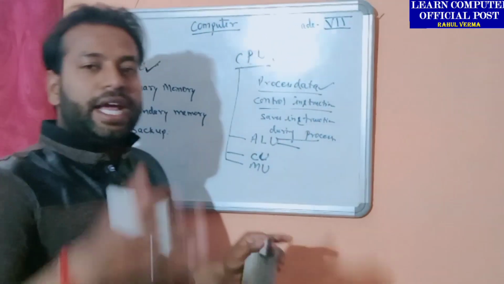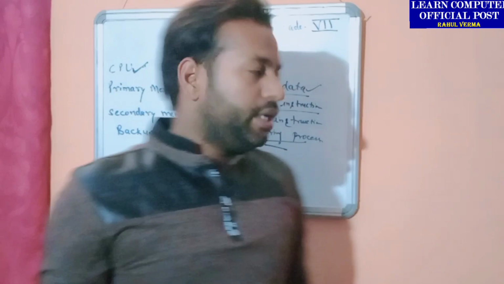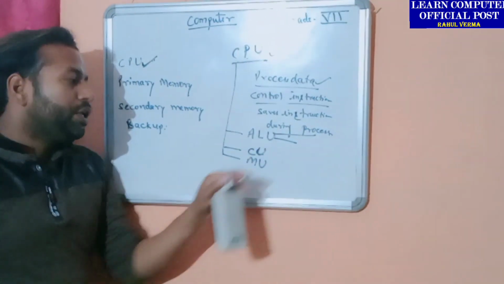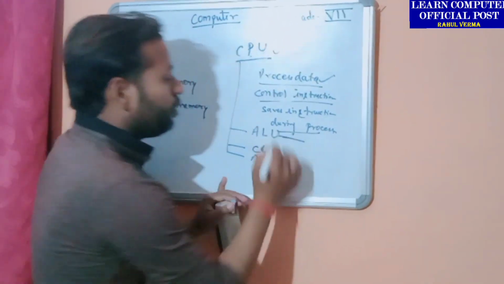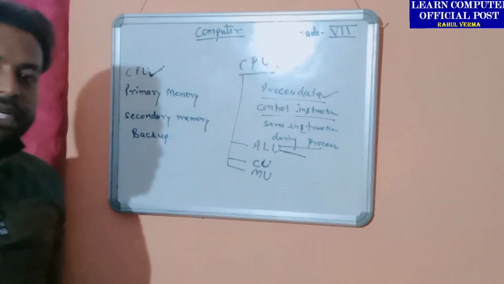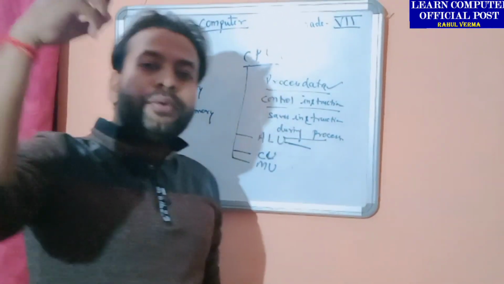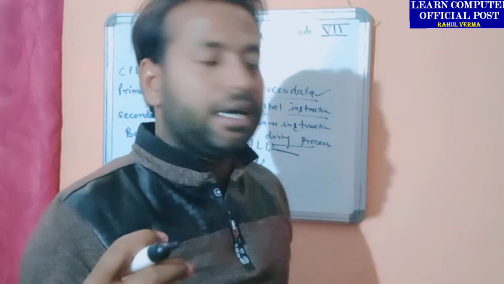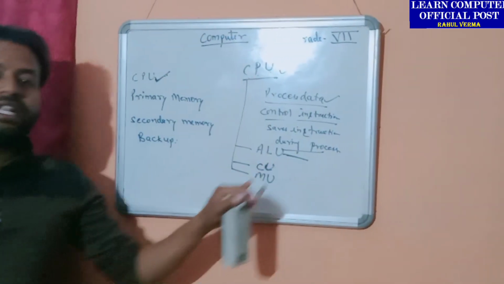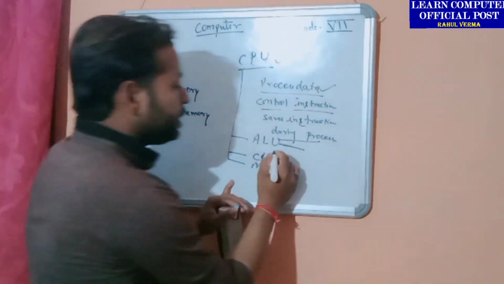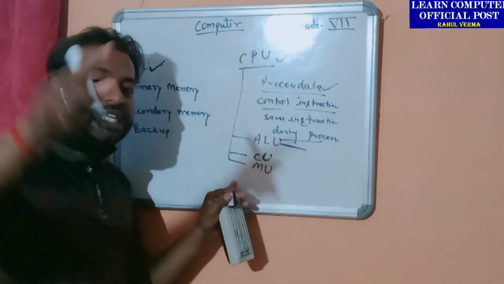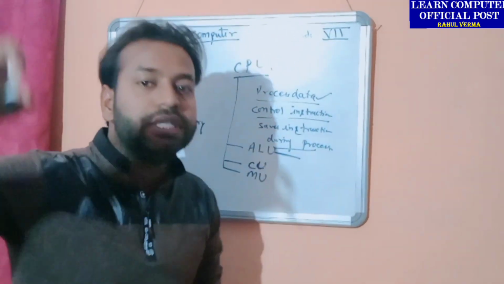ALU stands for Arithmetical Logical Unit. What is the function of ALU in the CPU? Actually, the function of ALU is to process the arithmetical data. Arithmetical data or arithmetical equations will be processed by the ALU. That is why its name is Arithmetical Logical Unit.